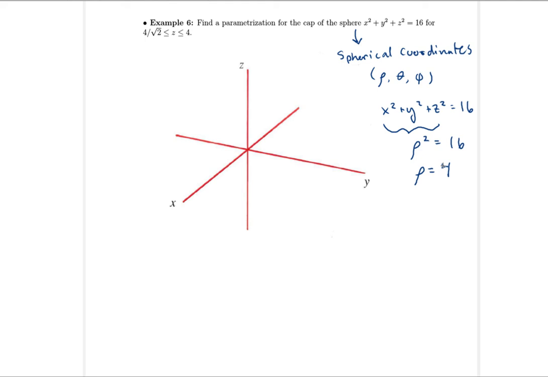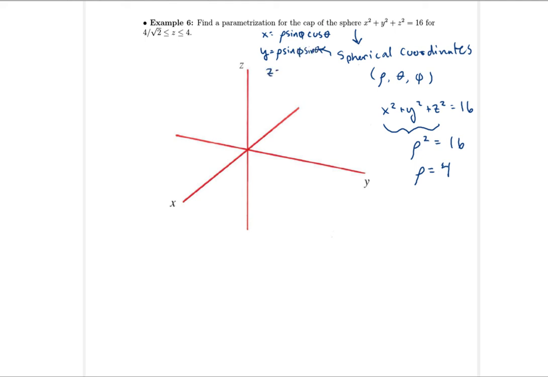All right, so now let's list out what x, y, and z are. For spherical coordinates, remember, x equals rho sine phi cosine theta. Y equals rho sine phi sine theta.